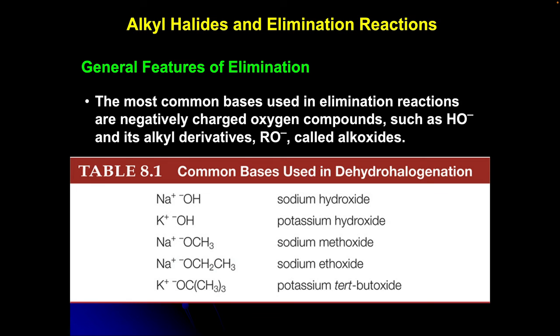It is a non-nucleophilic base. All it will do is abstract hydrogen at the beta carbon. Because that tert-butyl group is big, it gets in the way, it won't let that oxygen get very close to the carbon. So all it can really do is abstract a small little atom like hydrogen. Okay?